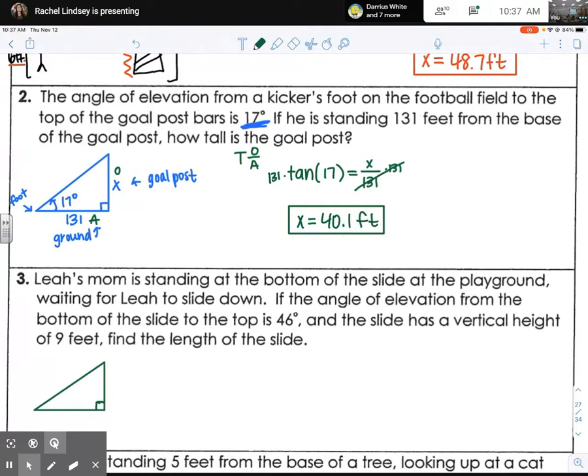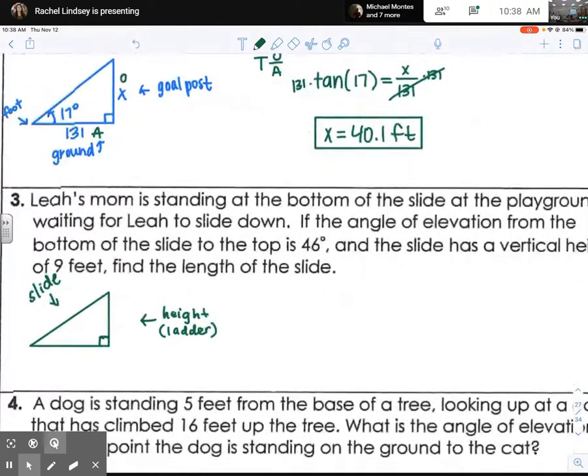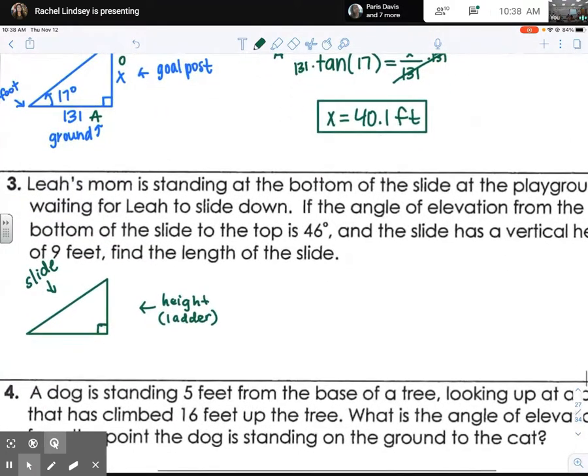So, imagine this is a slide. This will be the ladder, that would be the actual slide. So that's what I'm going to label it, the slide, and then this will be the height, which will be the ladder of the slide. And then obviously the bottom of the ground.